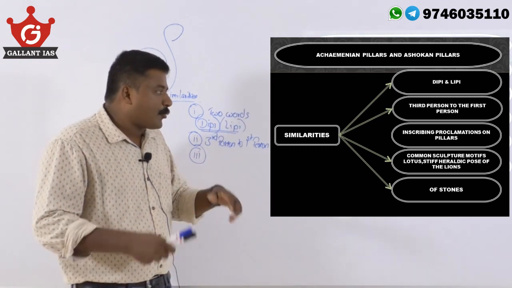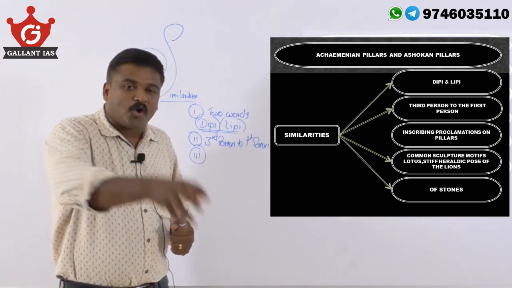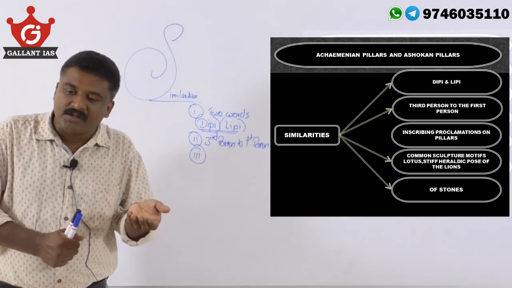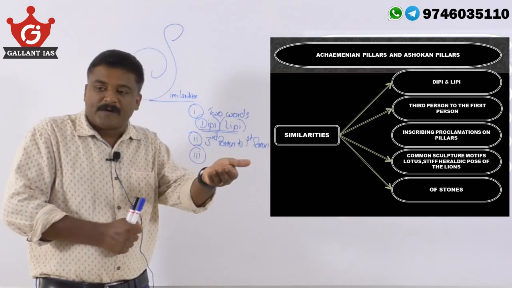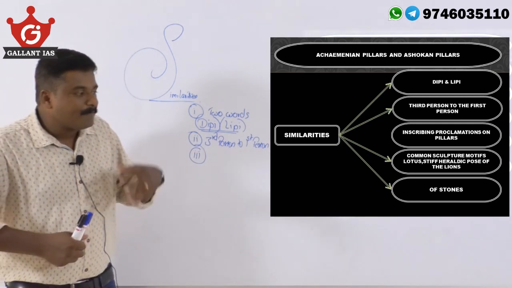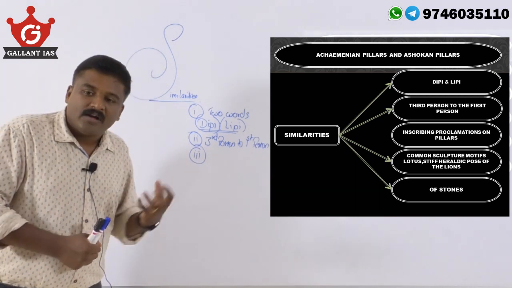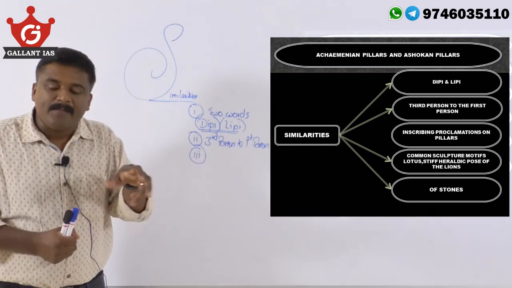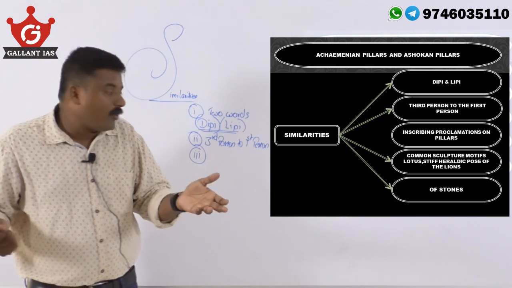So inscribing proclamations on pillars is common to Persian architecture and Mauryan architecture. Here the pillar architecture or art is used for inscribing proclamations or royal ordinances or royal orders.